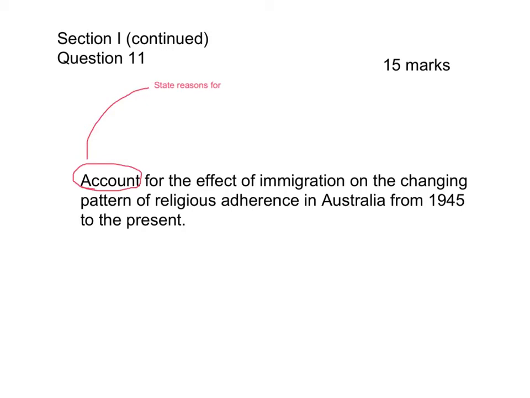Now we need to look at the content that's being addressed. Firstly, we can identify 1945 to the present as relating to the syllabus dot point of religious and belief systems post 1945.